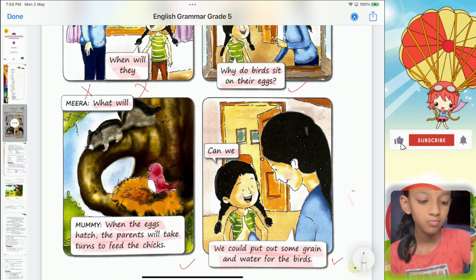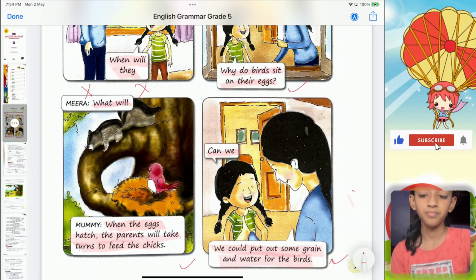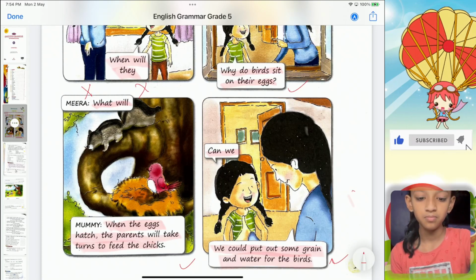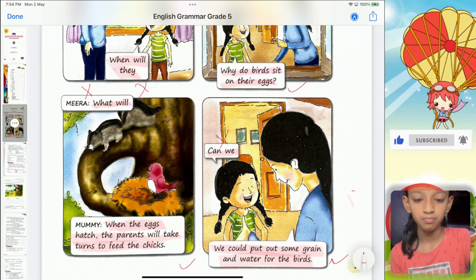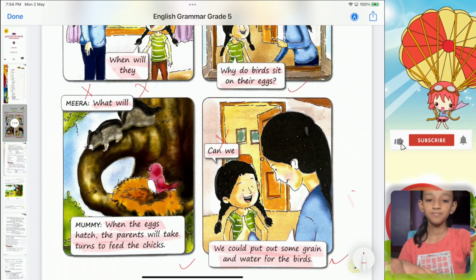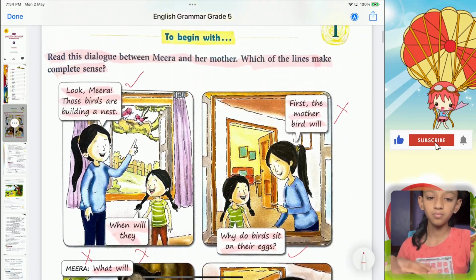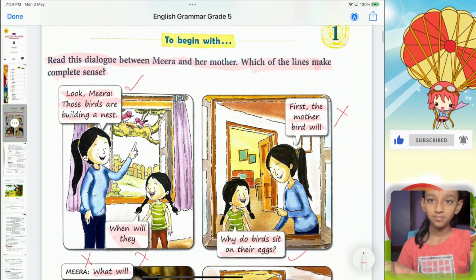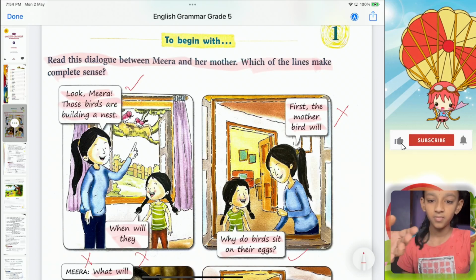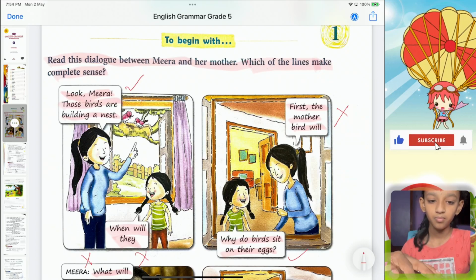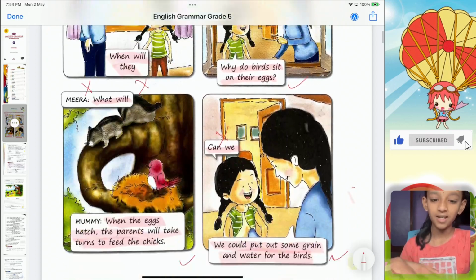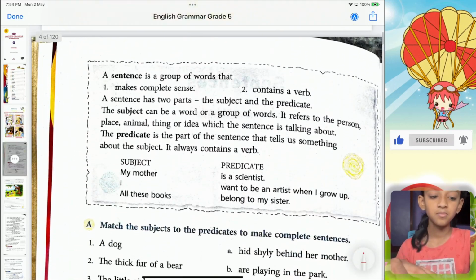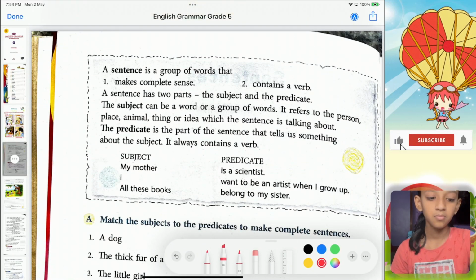You put a tick mark to whatever mommy is saying, and a cross mark to whatever Meera is saying. So now that we know what makes complete sense and what does not, a sentence is something that does make sense.